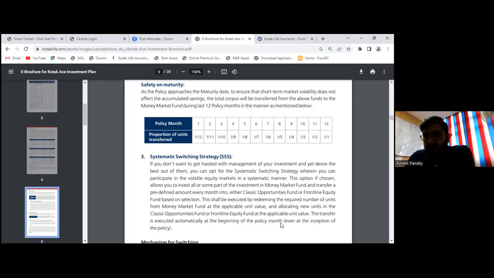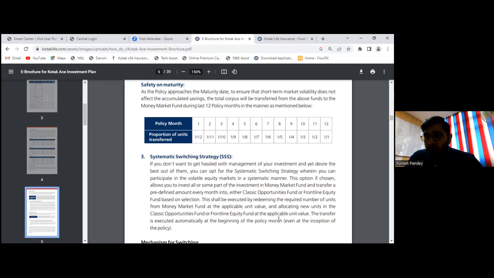So what will happen at the time of investment? My 1,10,000 rupees will be in the money market fund. Fine. That means my 11 installments will be there in the money market fund. And one installment at the time of taking the policy will go to the equity fund which I am opting.